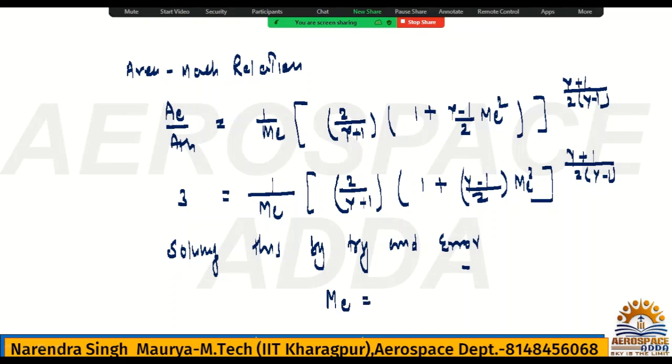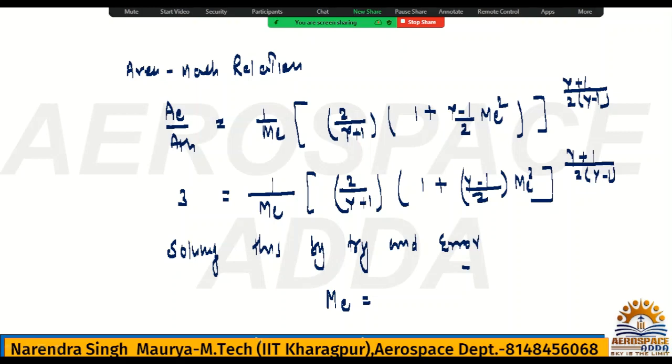Let me check in my calculator. This equation is 3 is equal to 1 upon ME, in bracket 2 upon gamma plus 1, bracket 1 plus gamma minus 1 by 2 ME square, whole power gamma plus 1 divided by 2 gamma minus 1.